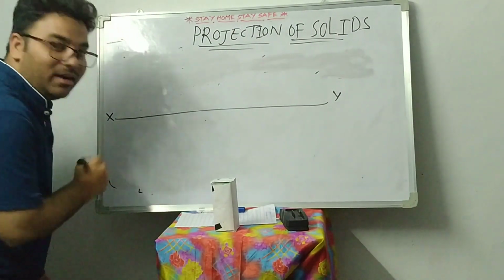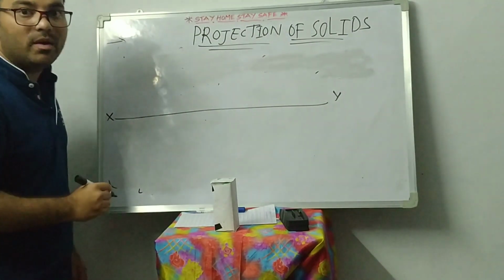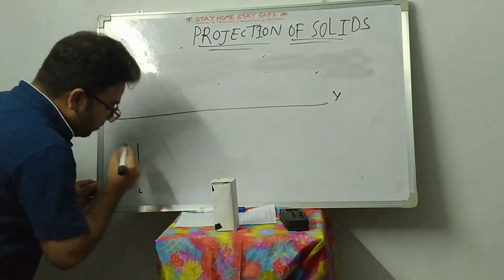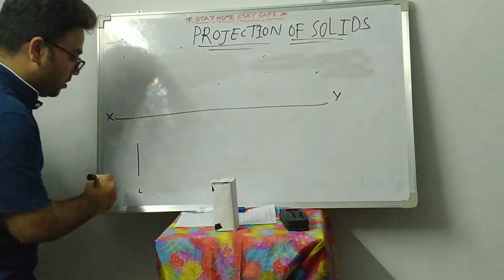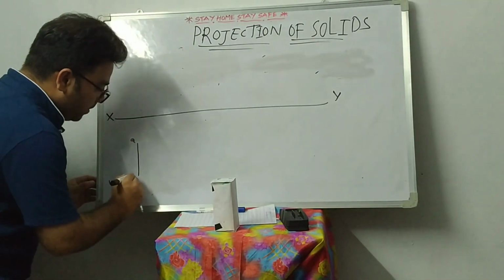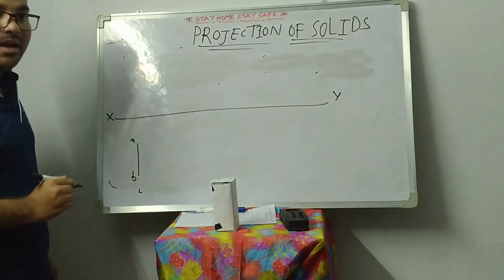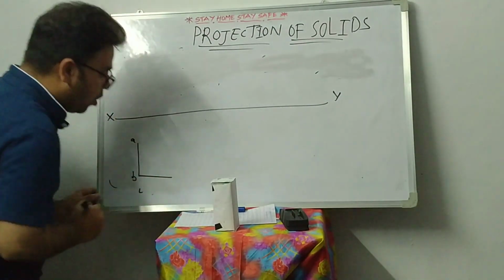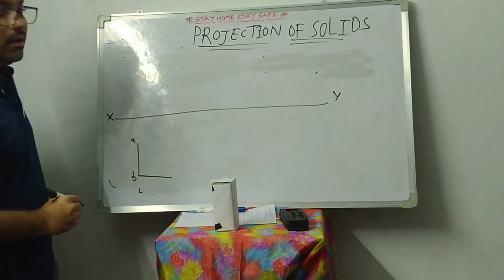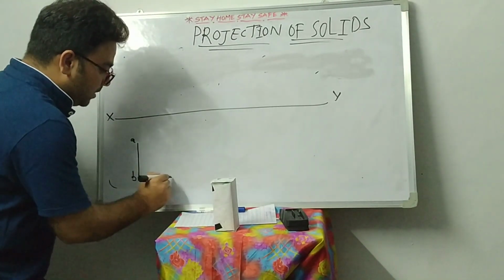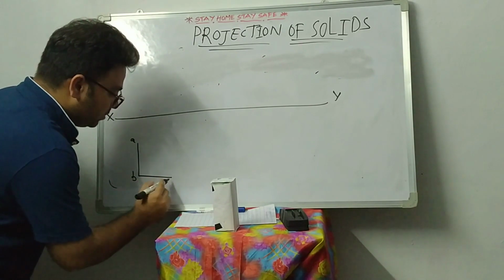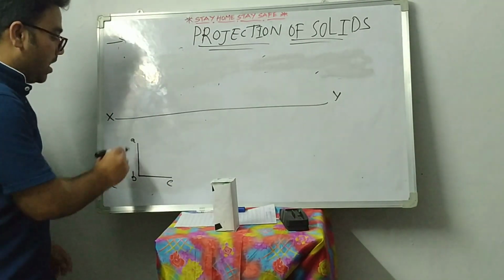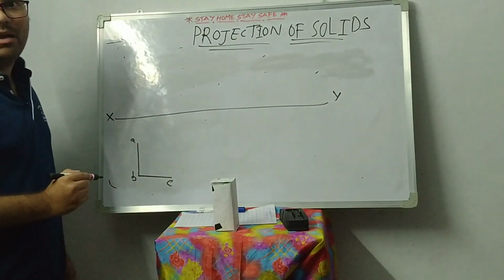Then draw a side of the base, 40 mm, and give the names A and B. Then draw one more horizontal line, again 40 mm, and name this point C. Now shift the BC length to the point A with the help of the drafter.